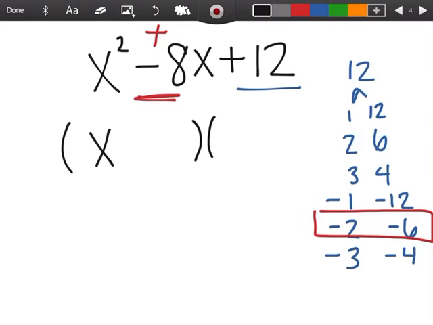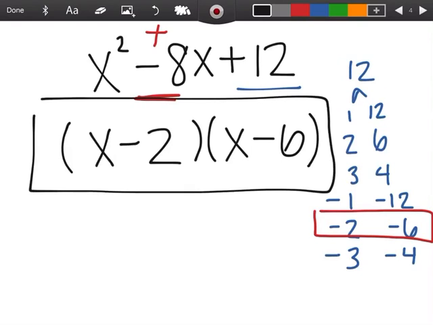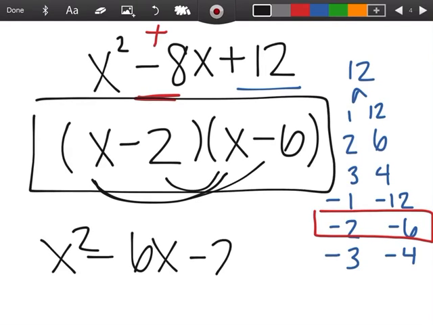X squared is still going to split up to be x and x. So I've got x minus 2 and x minus 6. And if I wanted to check my work, I could multiply. I get x squared minus 6x minus 2x plus 12.